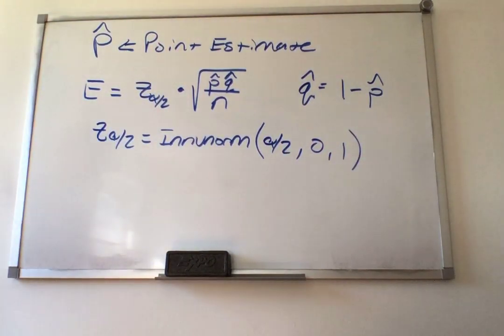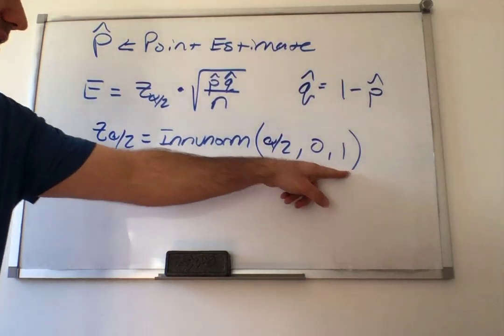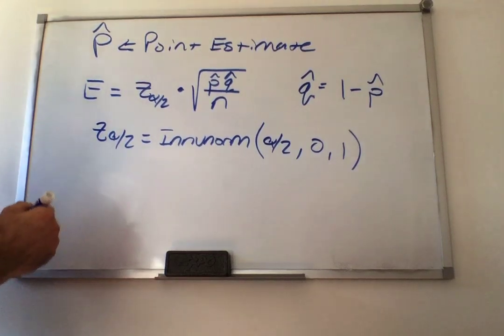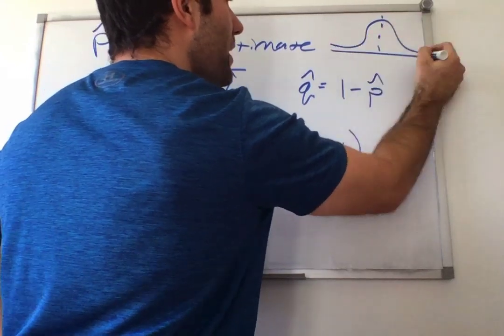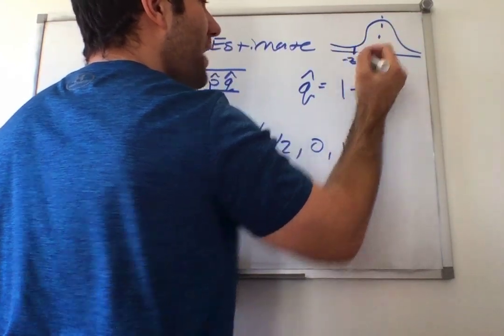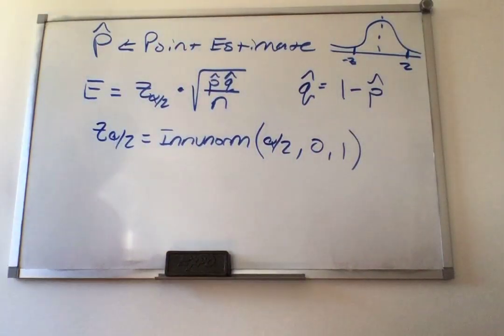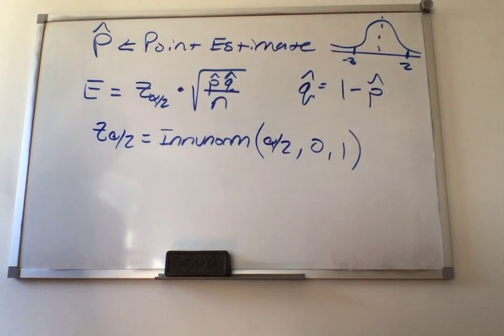And if you remember, we're going to get a negative value for this, for our alpha over 2. And if we're using the z distribution, I'll just draw a small one right up here. It's symmetrical, so this negative z value, all we have to do is find the positive z value over there. Just knock off the negative. Okay, and that's what's going to go over into here.